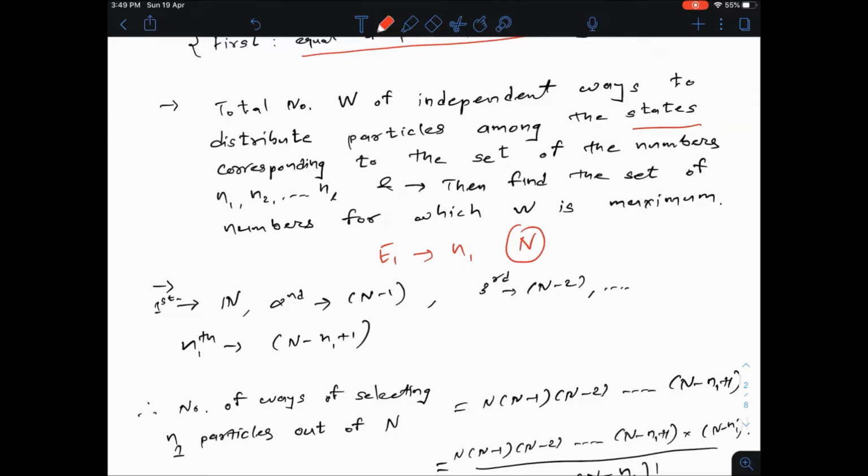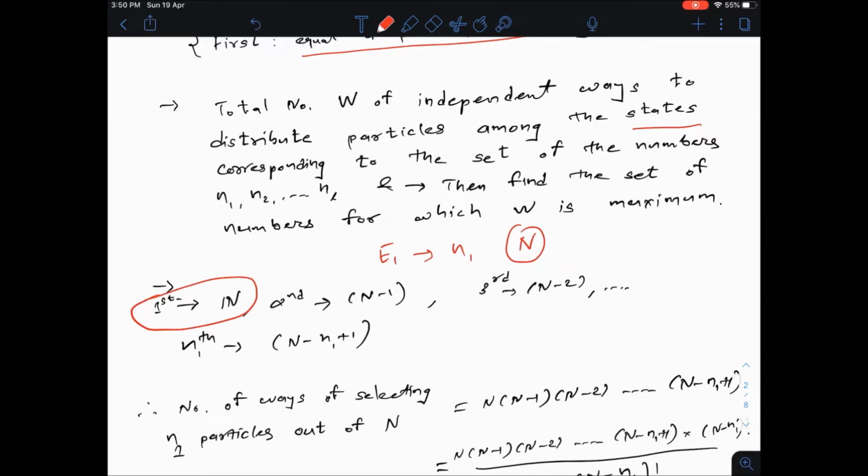We want to find out the number of ways in which N1 particles are chosen from the available N particles, and these particles are distinguishable. So the number of ways of choosing the first particle out of N particles is how much? We have total N particles, so to select the first particle out of N, we have N choices.